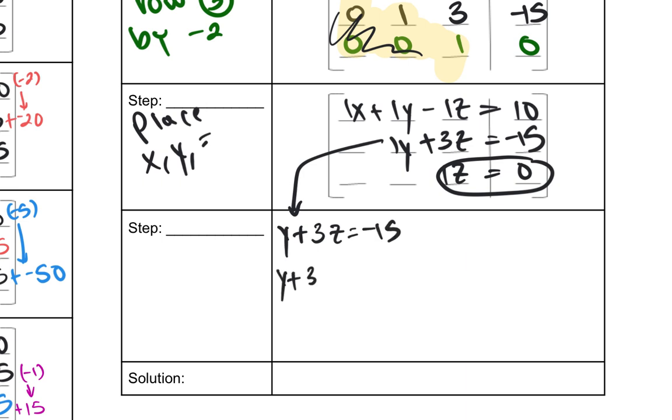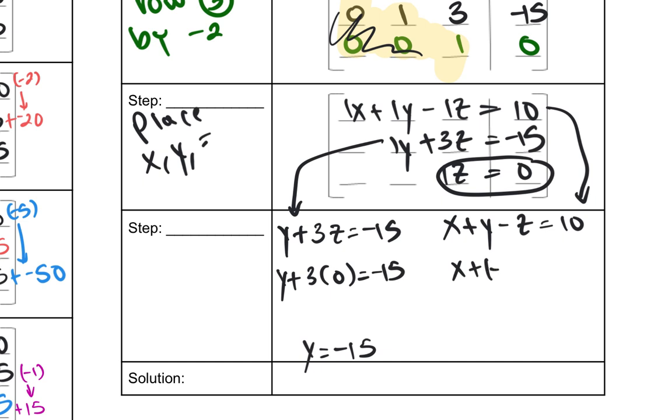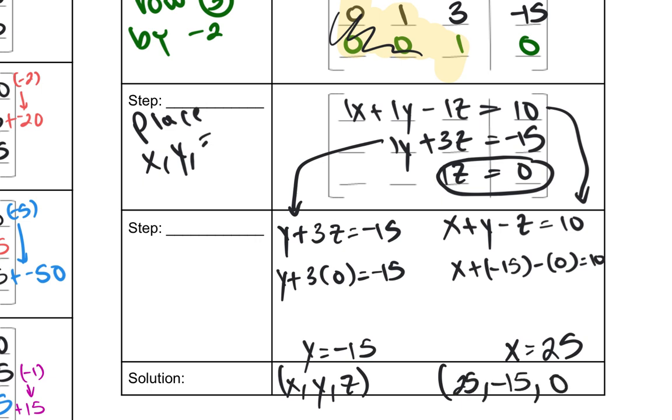You plug in what you know, and you solve for Y. And then we do it for the top equation, where I'm solving for X. We plug in what we know, and then we solve for X. 25. So for my answer, I do the X value first, then the Y, and then the Z. So I have 25, -15, 0. There's my answer.